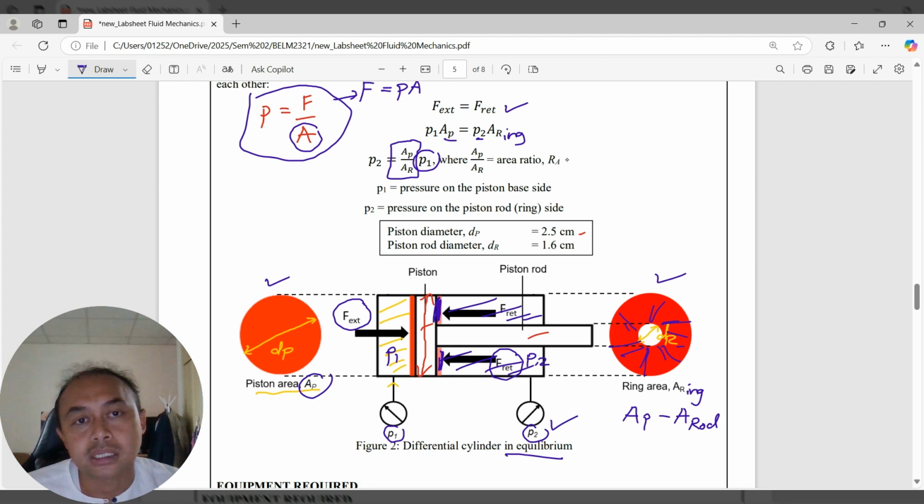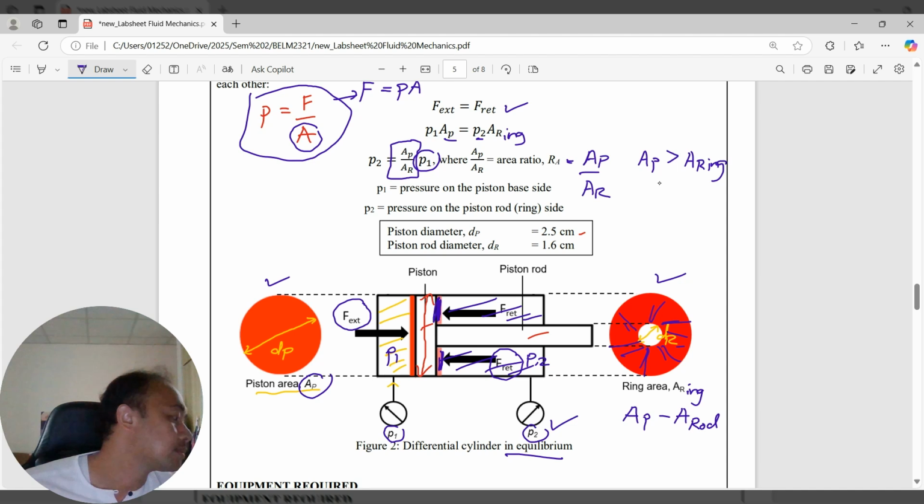So RA is actually equal to AP divided by AR. If you understand the concept of ratio, we know that physically AP is larger than A ring.